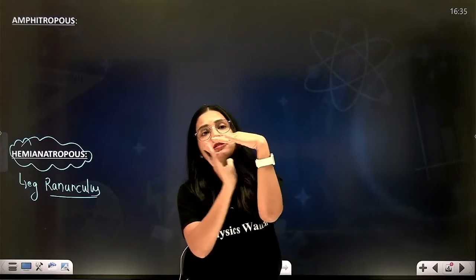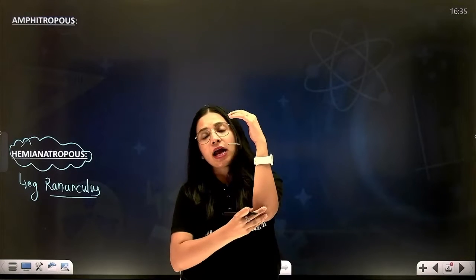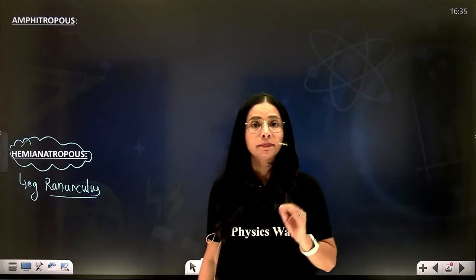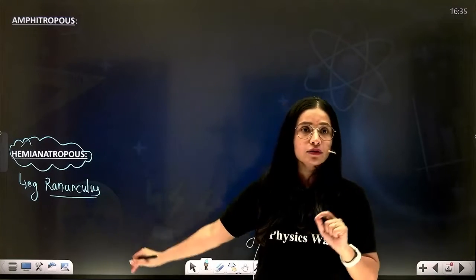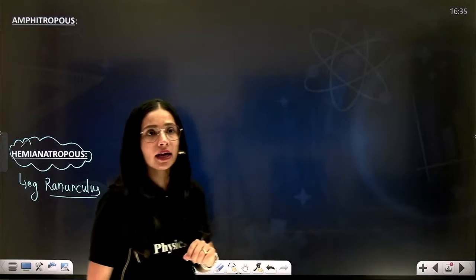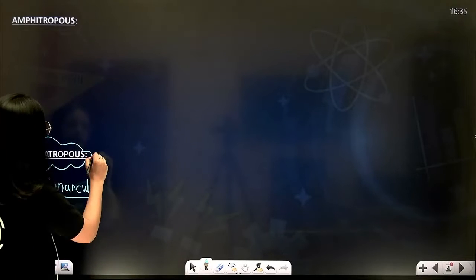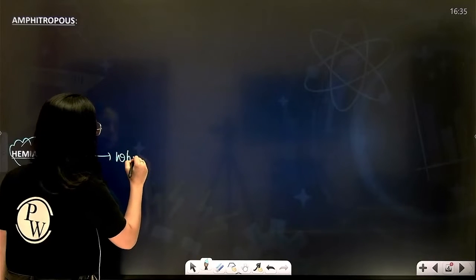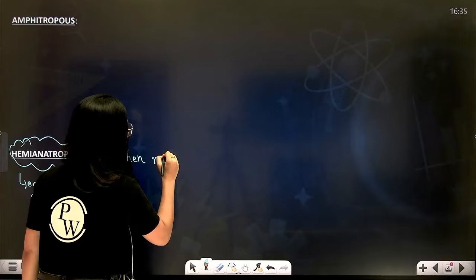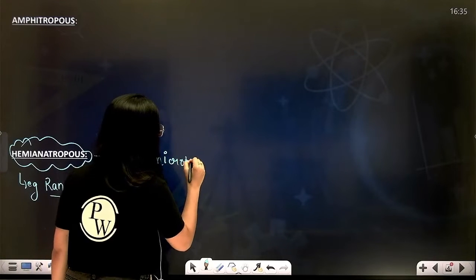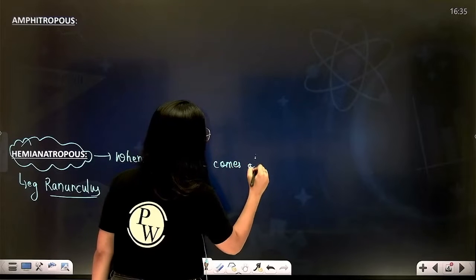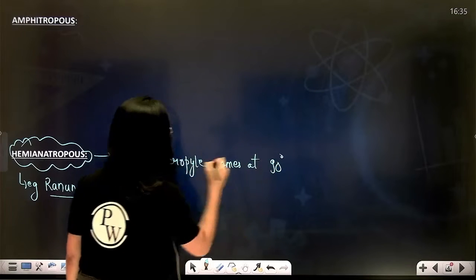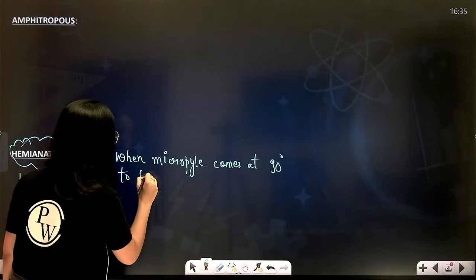So the distance between micropyle and funicle is going to come at 90 degrees. Such an ovule is called hemianatropous. So what is hemianatropous? When micropyle comes at 90 degrees to funicle.